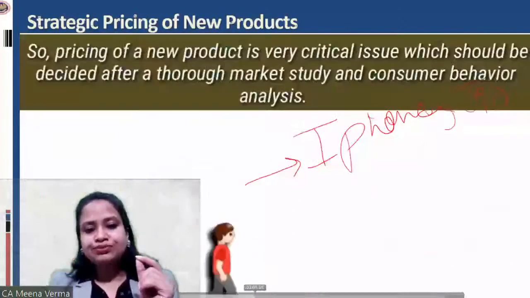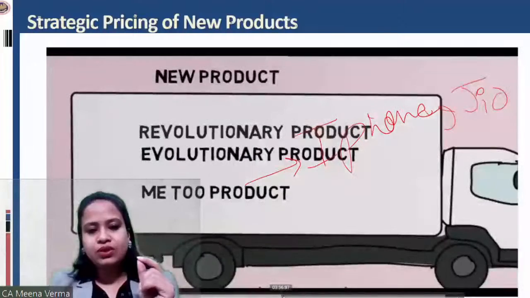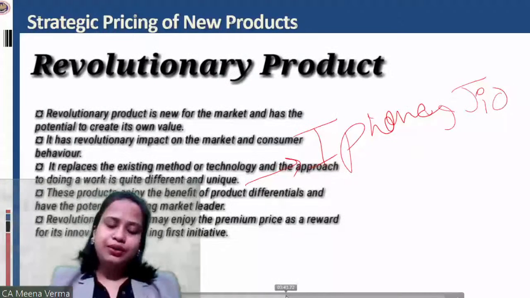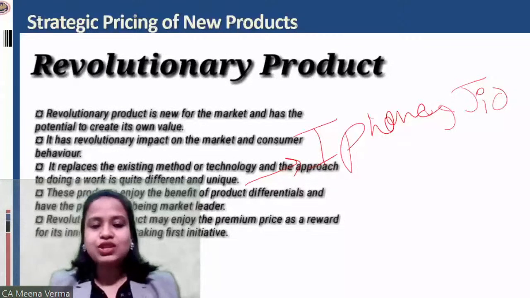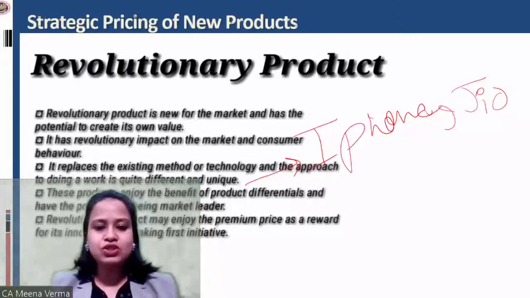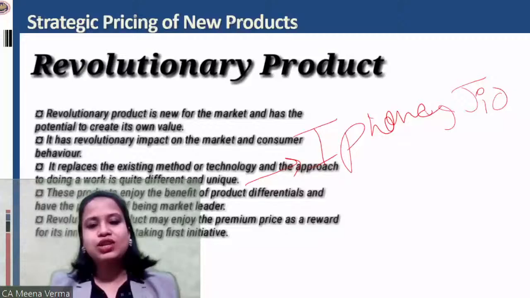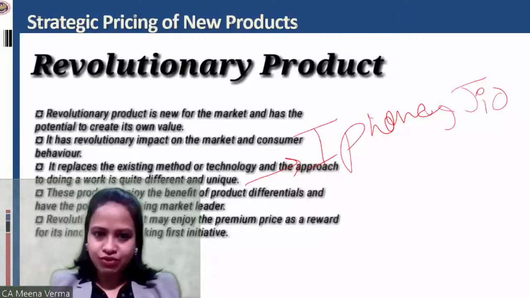When the first smartphone, the iPhone, came, it brought revolutionary changes in people's lives. Similarly, when the mobile data plan came, it again brought revolutionary changes. So these are innovative products.